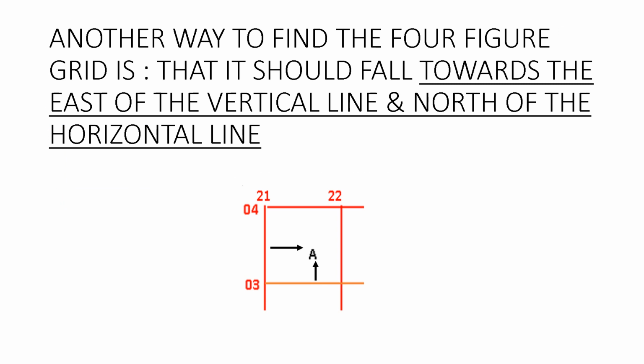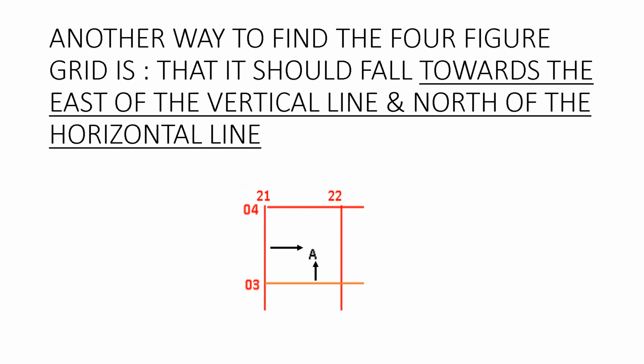The other way to find the four-figure grid is that the station or the area should fall towards the east of the vertical line, that is the easting, and towards the north of the horizontal line, that is the northing. So in this case, the line towards the east of which A is falling is 21.